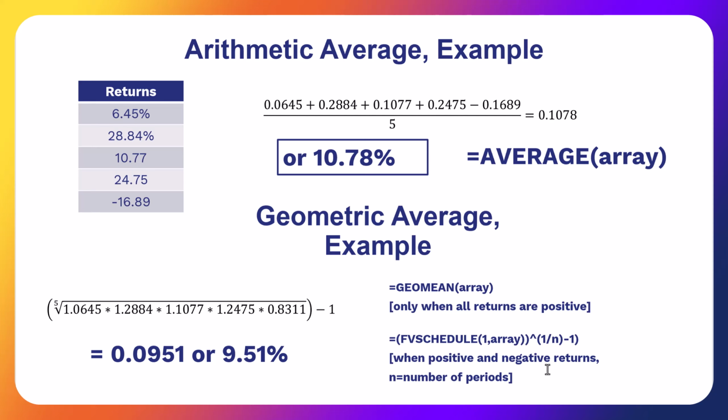If you have positive and negative returns, we need to use a slightly more complicated formula, where again it's equals, and then in major parentheses we have FVSCHEDULE, 1 comma, then the array, 2 parentheses there, and then the caret for the exponent, 1 divided by n, the number of periods, minus 1. This will help us to deal with the negative, which we have as a negative return here at the end.